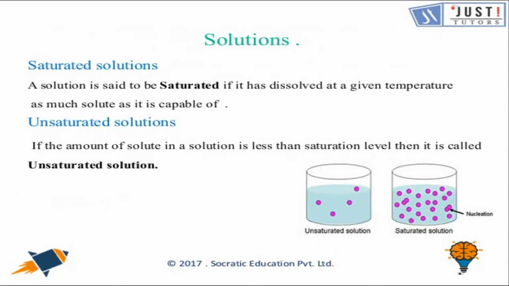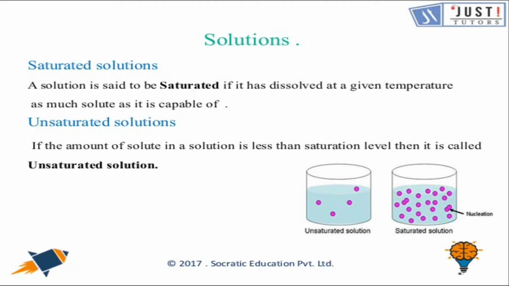Now two types of solutions we have: saturated and unsaturated. The solution is said to be saturated if no more solute can be dissolved in it. Like the maximum capacity has been reached, we cannot dissolve more solute in that. That is called saturated solution. But if the amount of solute in the solution is less than saturation level, it is called unsaturated solution.